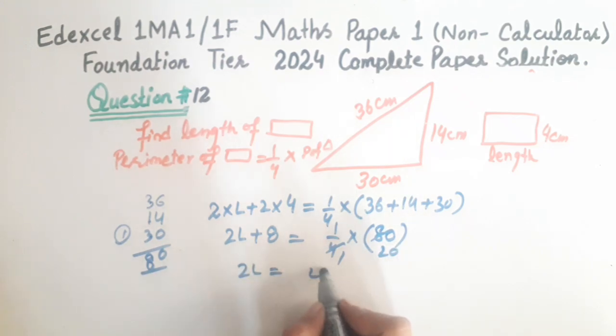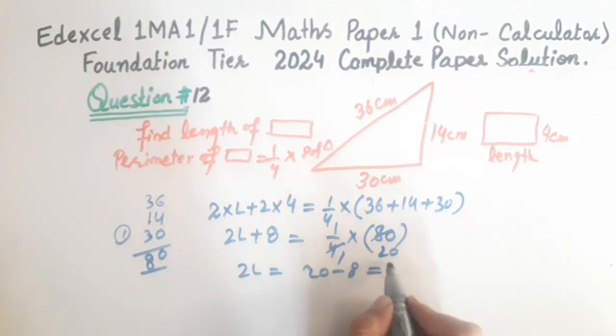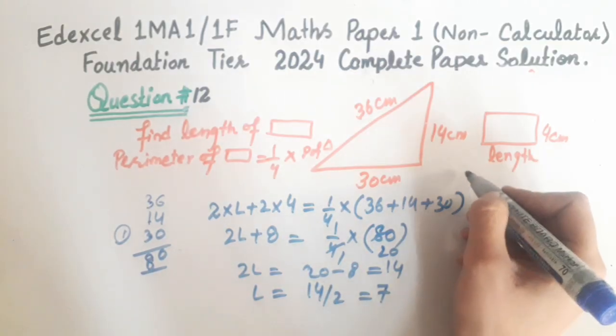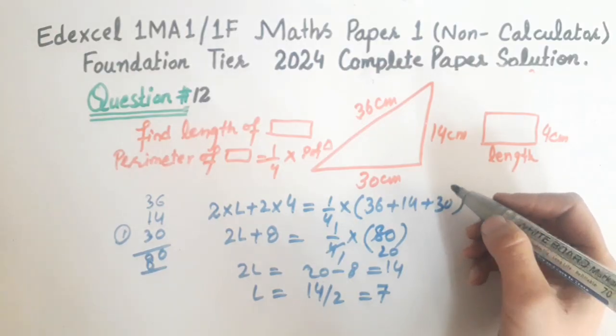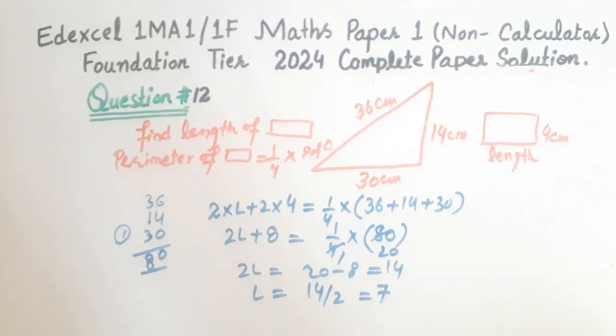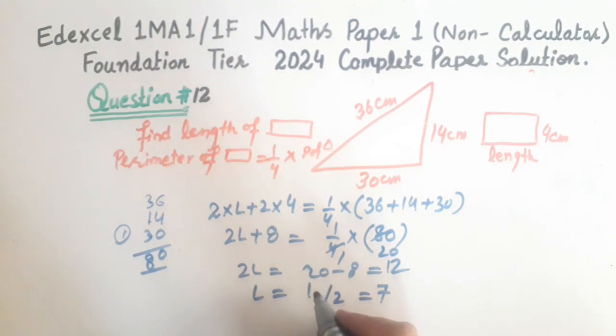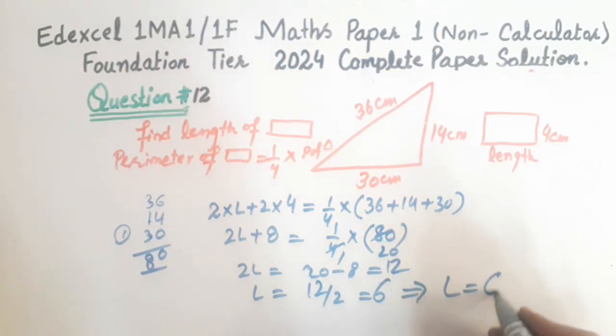So 2L equals 20 minus 8. 20 minus 8 will be 12. So 12 divided by 2 will be 6. It means length equals 6 centimeter.